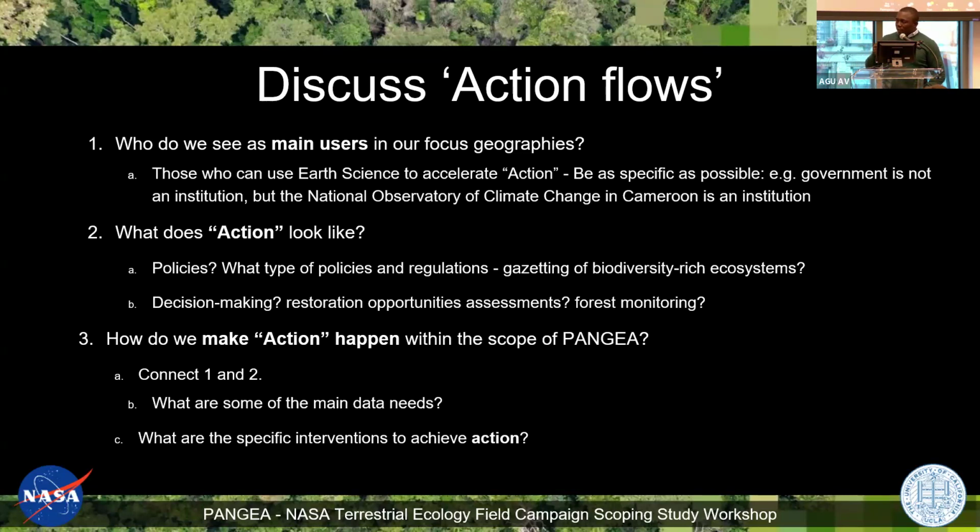And we are also all interested in making sure that they are capable of activating that information. And so right now, what we would like to do is to have you, in your very specific geographies, start thinking about how we make sure that the users can translate this information into action.